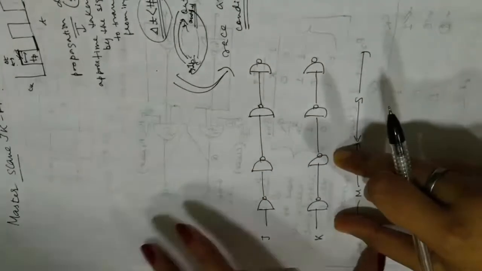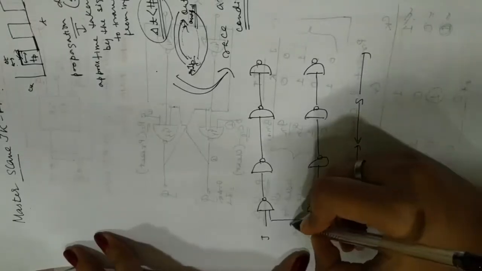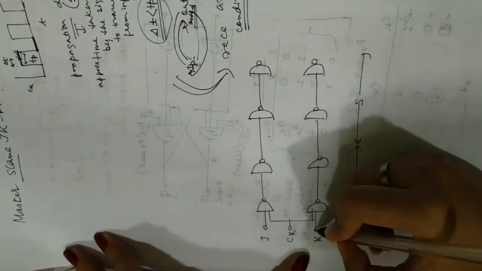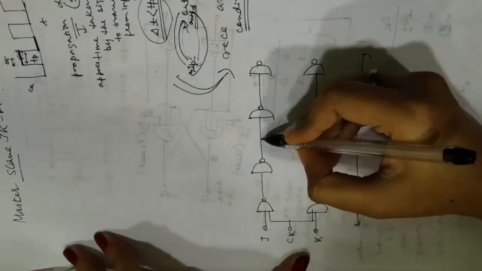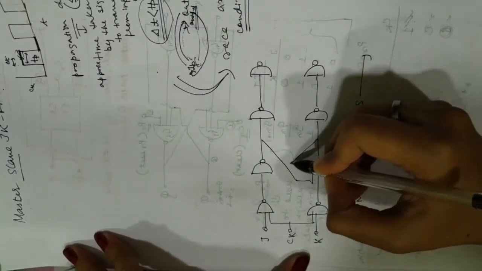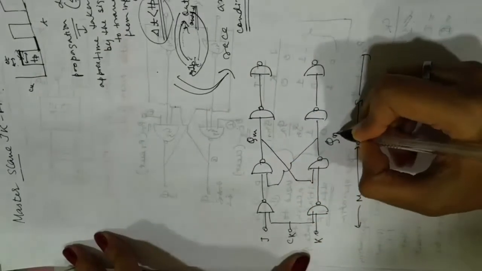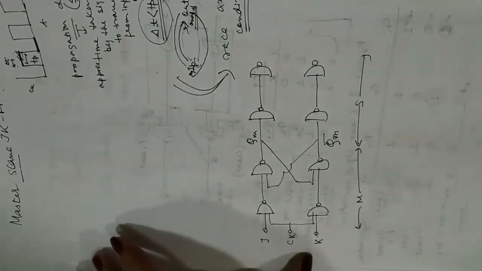These two form the master, these two form the slave. We have a clock pulse, and this comes over here and over here. This is QM and this is QM bar.